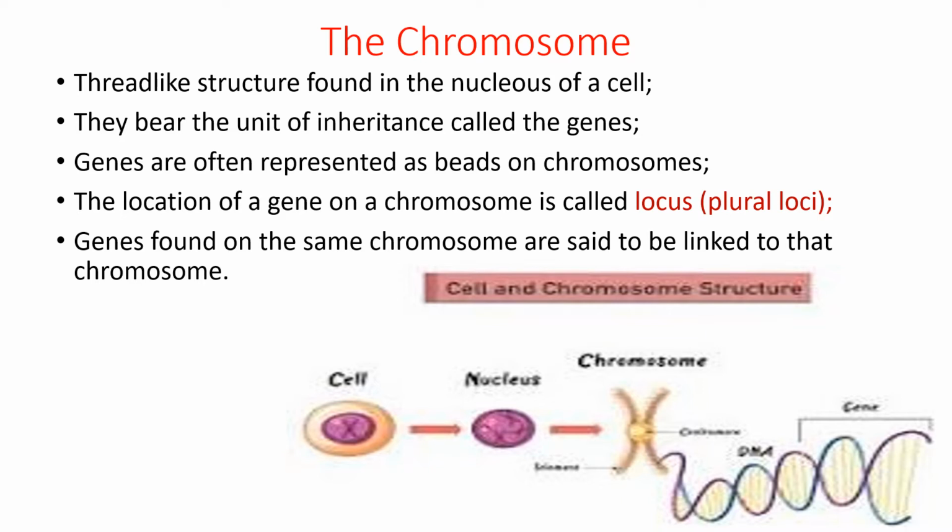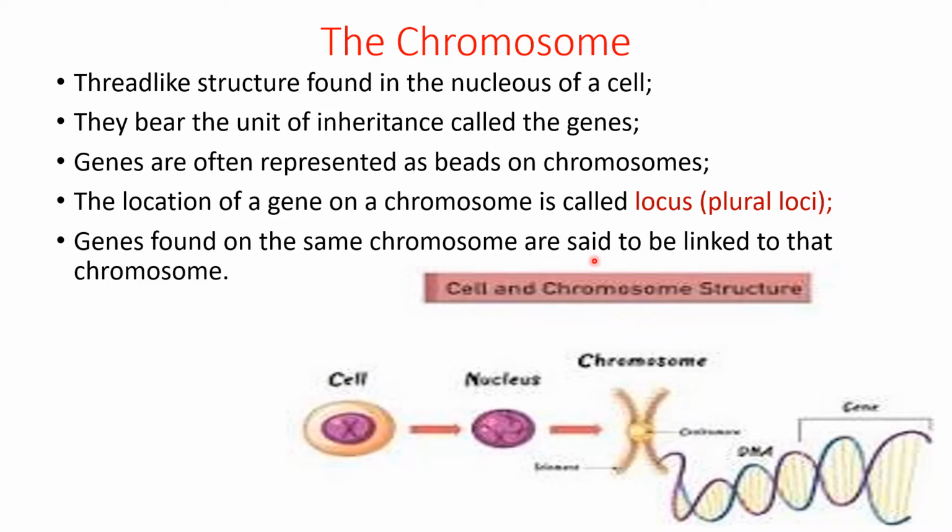The chromosome. Chromosomes are thread-like structures found in the nucleus of the cell, and they are the bearers of the unit of inheritance called the genes. The genes are often represented as beads on chromosomes, and where genes are located on the chromosome is called the locus, plural loci.